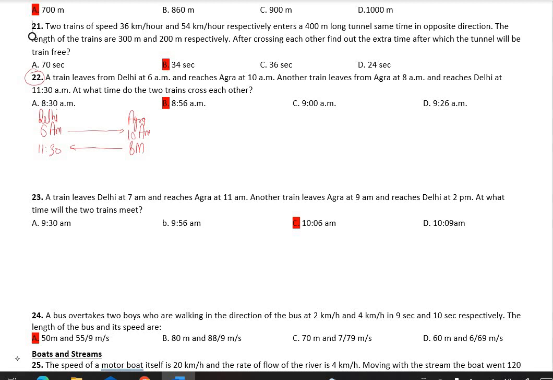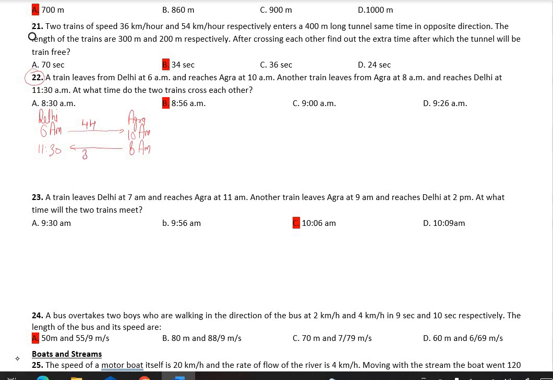So first of all, what we have to do, we have to find the time taken by both the trains. So you can see the first train is starting at 6 a.m. and reaching at 10 a.m. That means this is taking 4 hours, right? Another train is starting at 8 a.m. and reaching Delhi at 11:30.